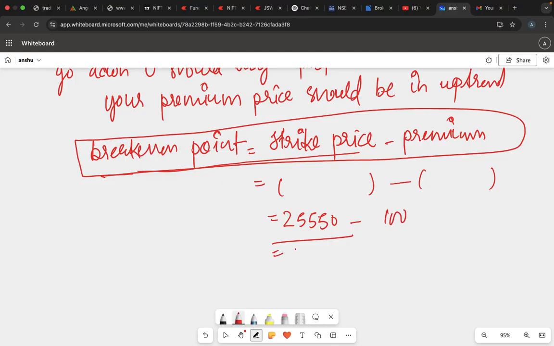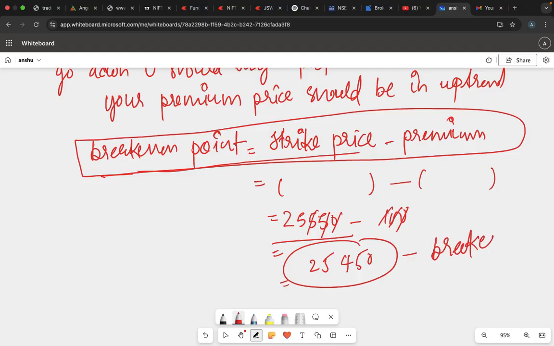What will be your break even point? 25450. This is the level from where you will get profit, and below this level you will get loss. This is your break even point.